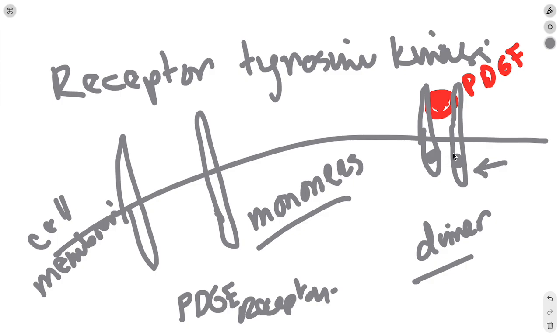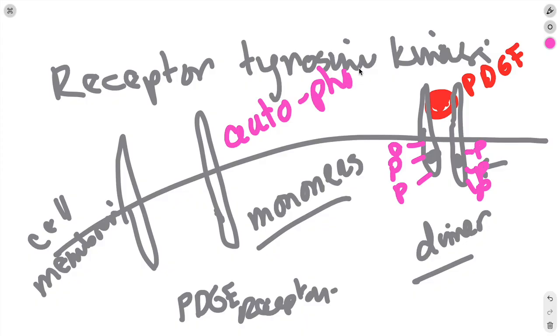They're going to phosphorylate a target, and the target is surprisingly just the receptor. So these receptor tyrosine kinases have a target when they get activated, and the target is themselves. So they are said to autophosphorylate.